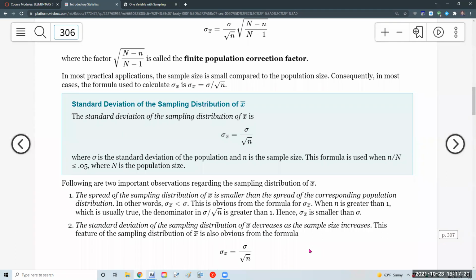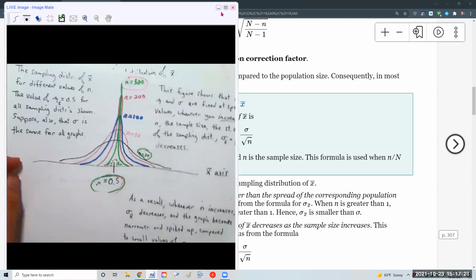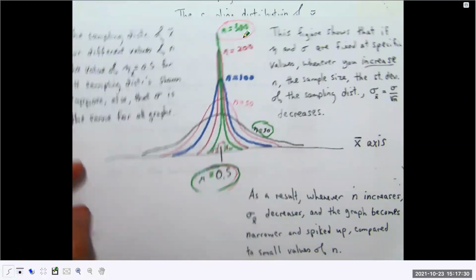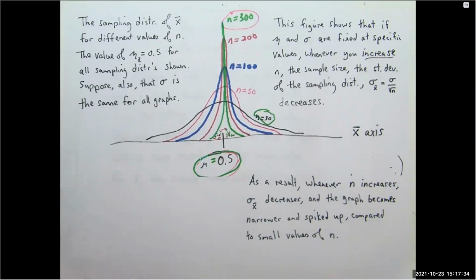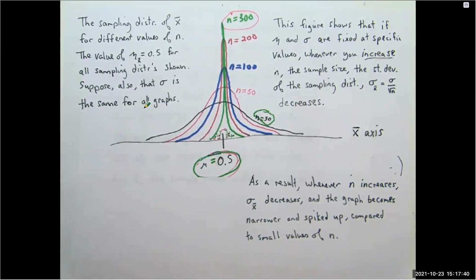And I've drawn you a picture of that. I've shown you before, but let's take a look at it once again. Here it is. So here you've got a series of sampling distributions, all centered at the population mean. And sigma is the same for all graphs because we're sampling from the same population.